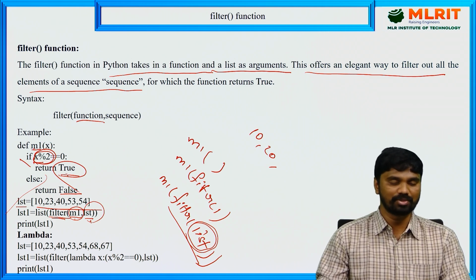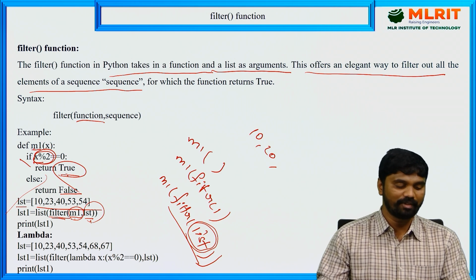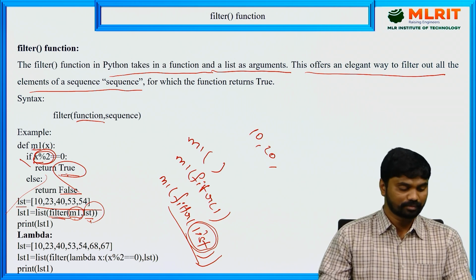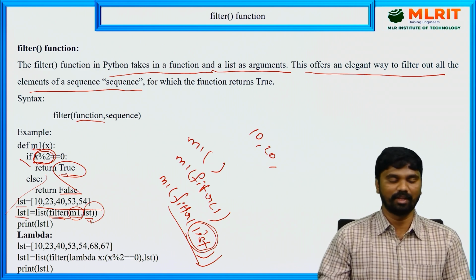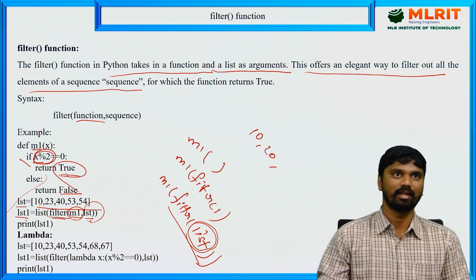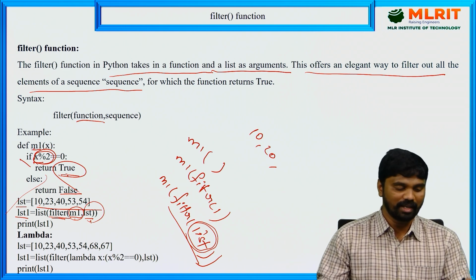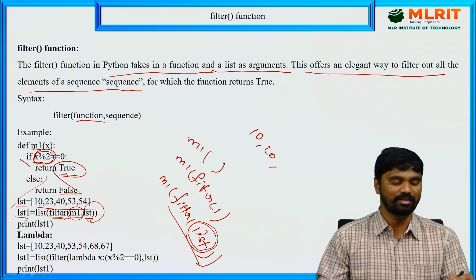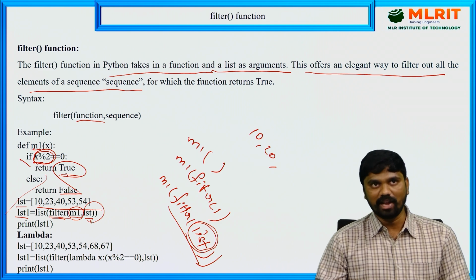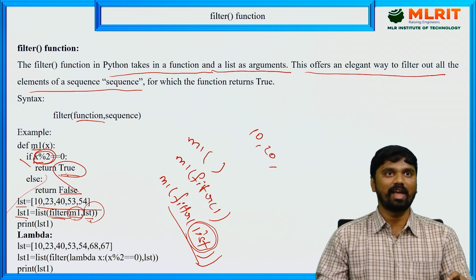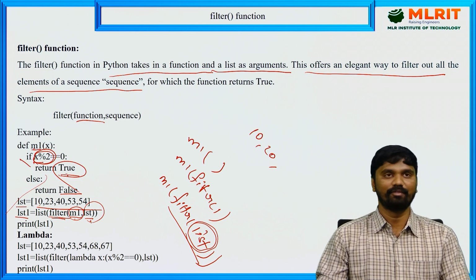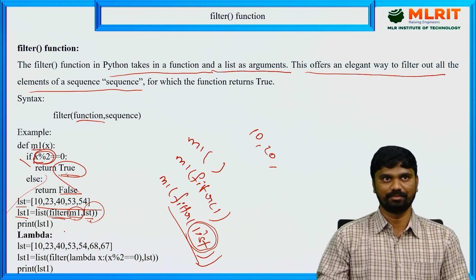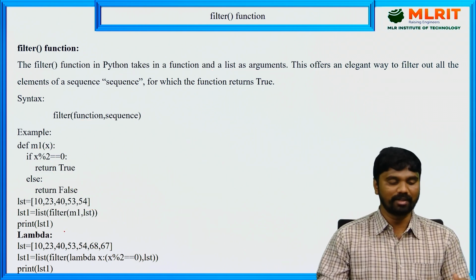Whenever it returns true, the filter function collects that element and assigns it to the lst1 variable. That means any value that gets remainder 0 when divided by 2 is filtered from the list.